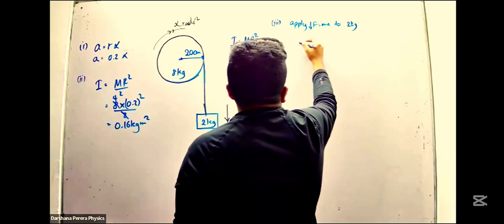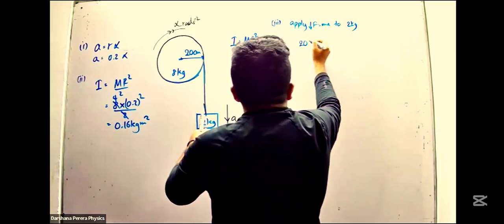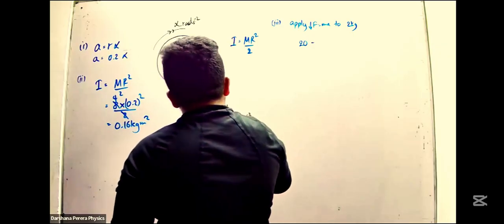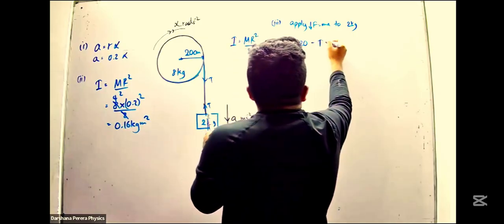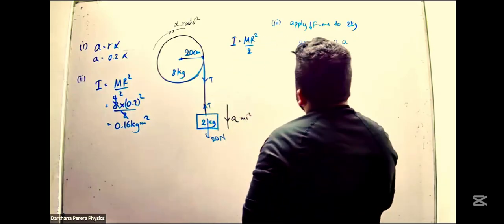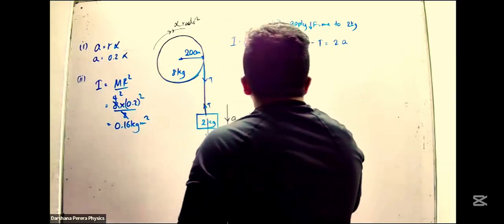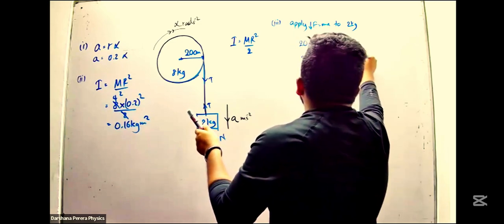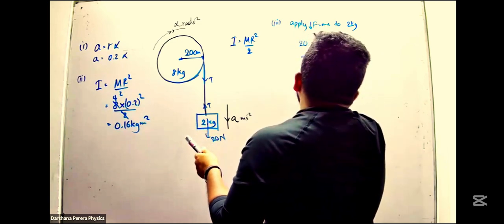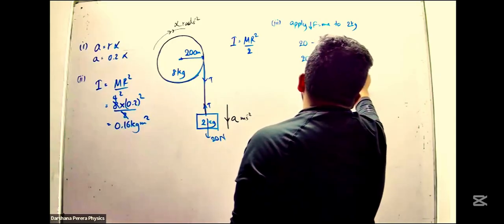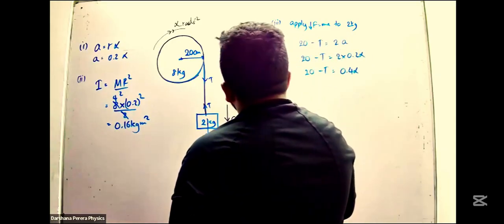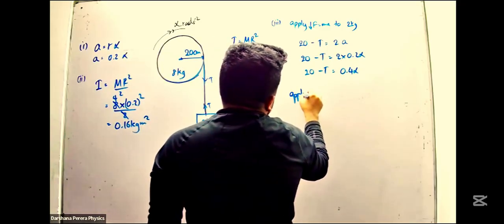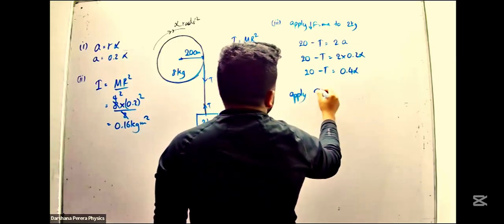That means 20 Newton minus the tension T equals 2 into A. We can say A equals R alpha. 20 minus T equals 2 into 0.2 alpha. Therefore, we get 0.4 alpha.